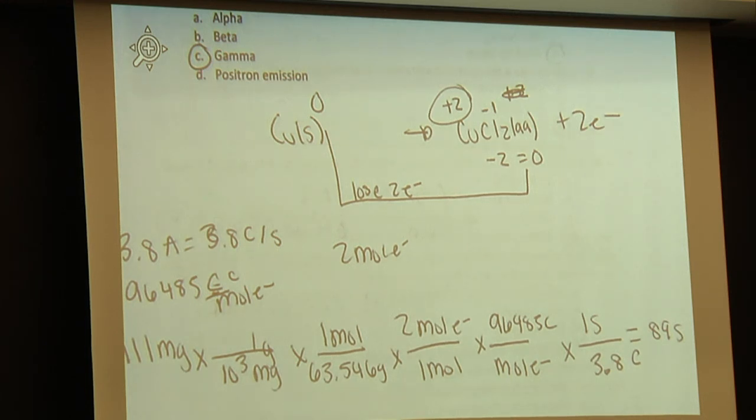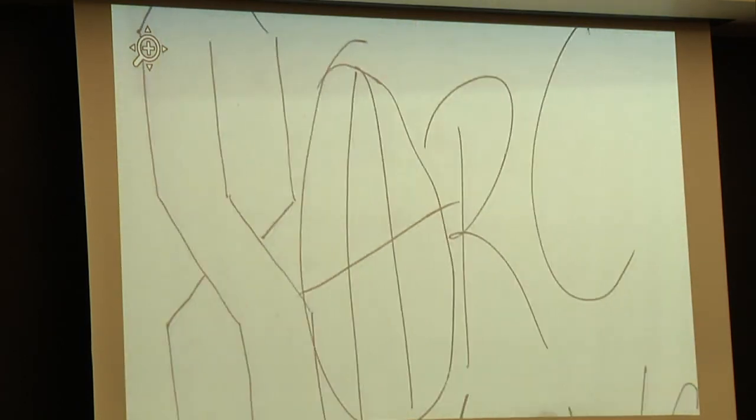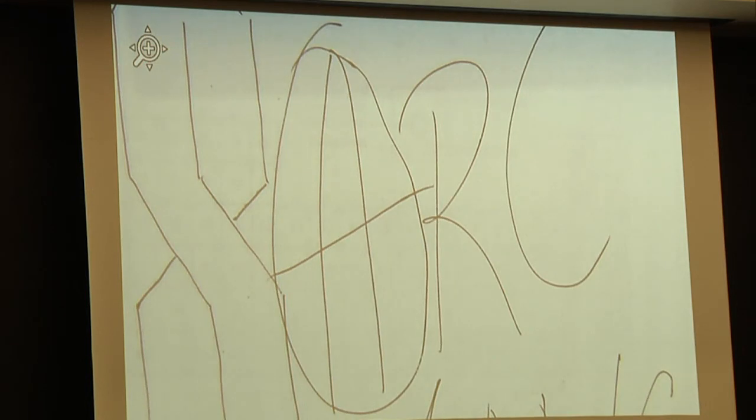Number 38. I didn't quite get it. Oh, number 38. My work is very messy and unorganized. Okay, 38. Did I write it on here? Oh, I did. There wasn't any work for 38. Yeah, I just didn't understand how you got the answer. Oh, okay.